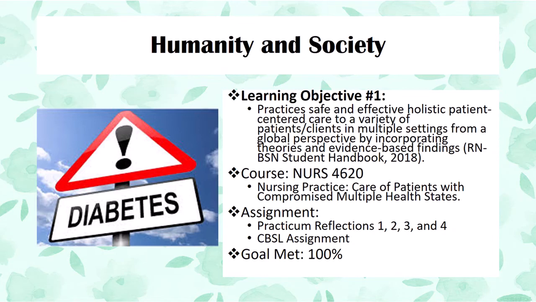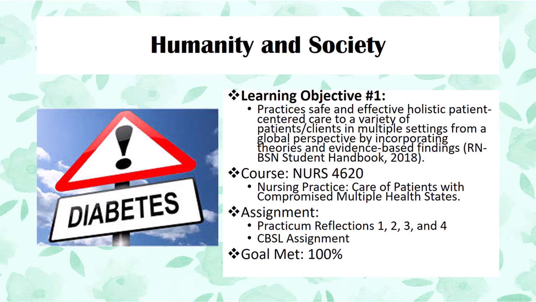In 4620, I interviewed a young college man who was diagnosed with type 1 diabetes in elementary school. We went over a plan of care that I developed based on current evidence, developed a measurable goal, and also developed 3 nursing interventions to reach those goals.